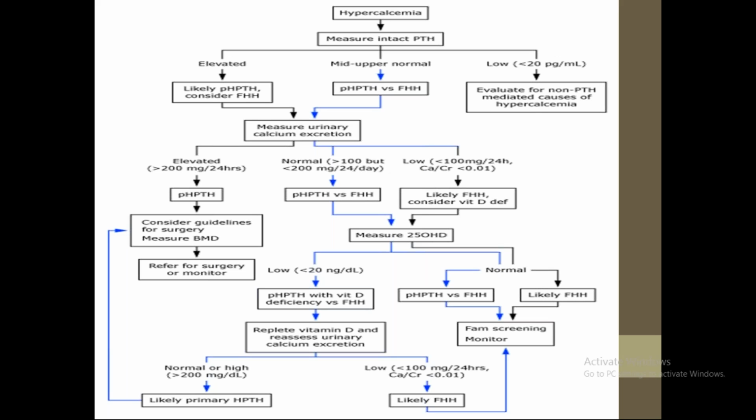So in that you measure urinary calcium excretion, calcium creatinine ratio, and vitamin D. Based on these, if urinary calcium excretion is less than 100 milligrams per 24 hours, and if calcium creatinine ratio is less than 0.01, then you can tell it is familial hypocalciuric hypercalcemia. Simultaneously you have to measure vitamin D levels also. This is in short. I know this table is very confusing for you people, so in short, remember like that.